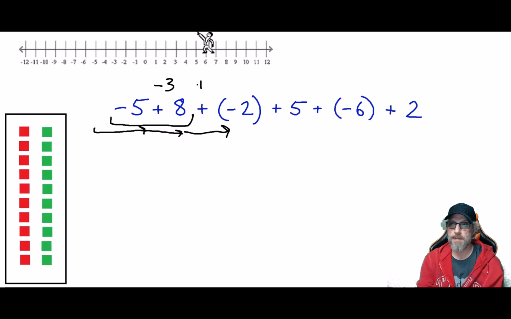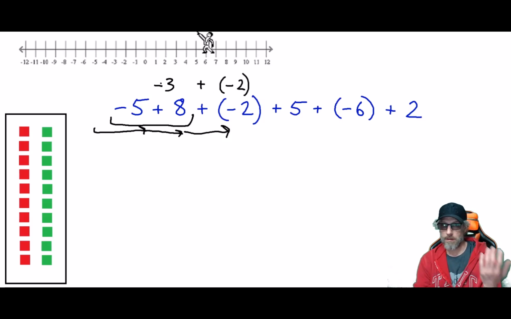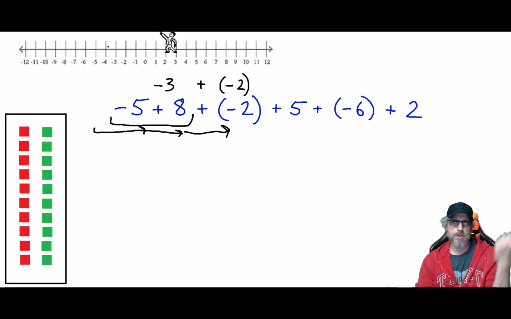Now let's just keep on marching. Next we have to add in a negative 2. Again, number line, 3, but plus negative 2, so we're continuing to move to the left on this number line. 3 plus negative 2 would be 1.